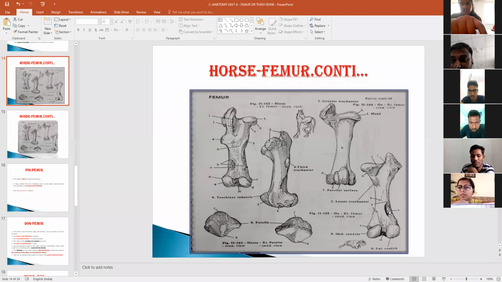I don't know. You don't know? Supracondylar fossa. This supracondylar fossa is for which muscles?